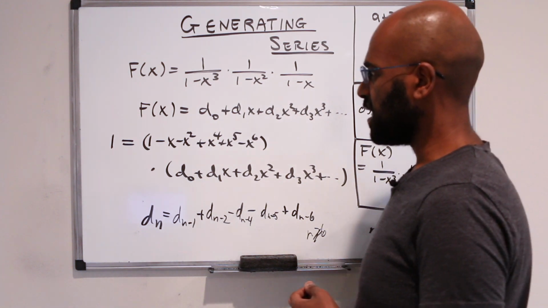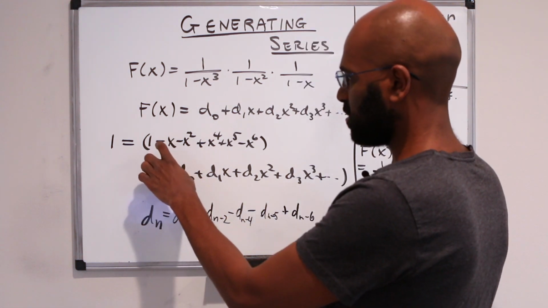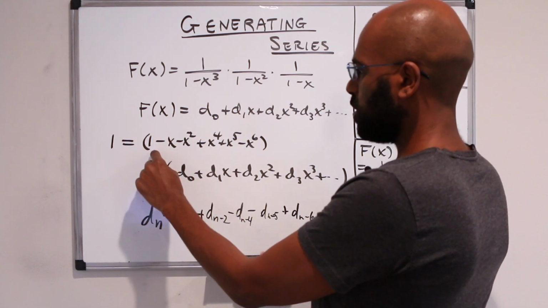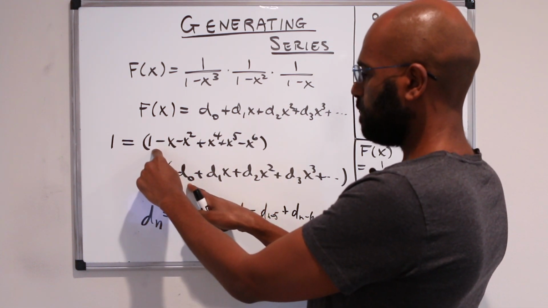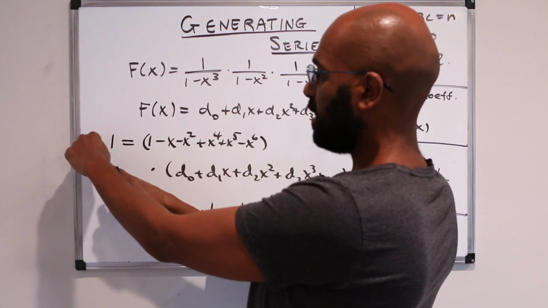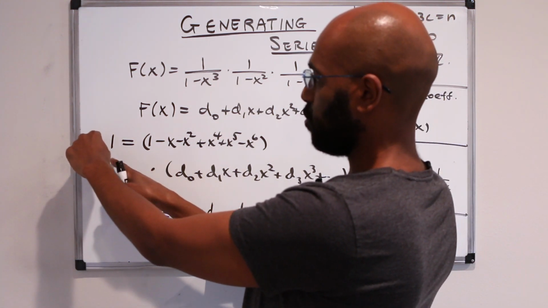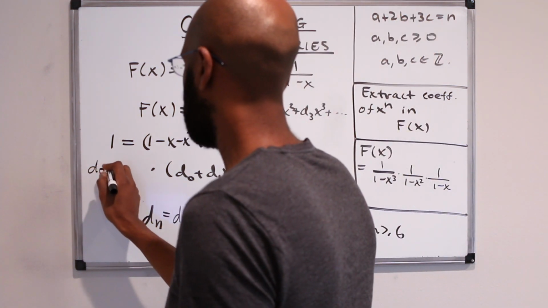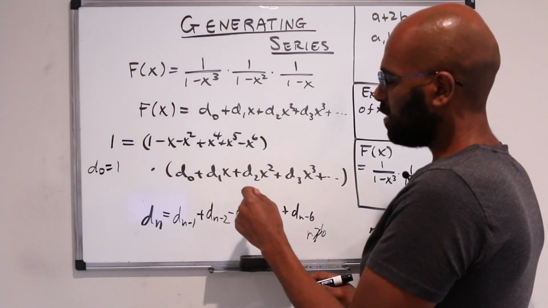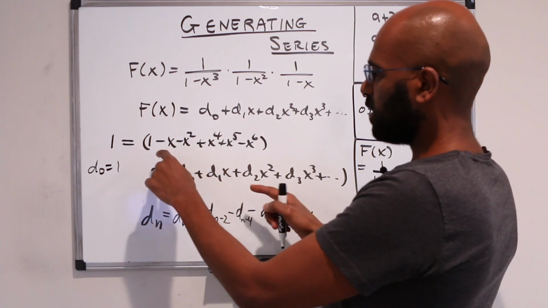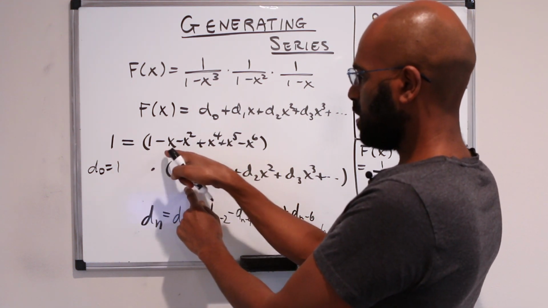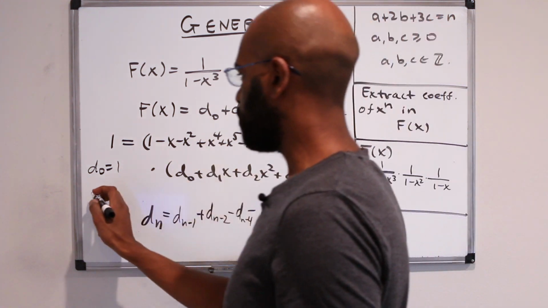Well, let's look at, for example, the x to the 1 term or x to the 0 term of this expansion. Here we get 1 times d0, and on the left-hand side, our x to the 0 coefficient is 1, so that means d0 is 1. Okay, what about d sub 1? Well, if we look at the x term, we get d sub 1 minus d sub 0 as the contributors to the x term.